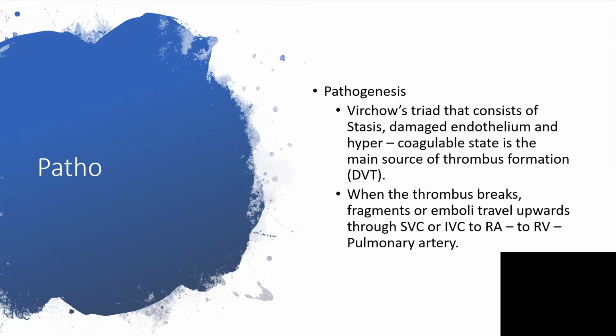They will both empty at the right atrium, and from the right atrium to the right ventricle, and from the right ventricle to the pulmonary artery. You can see why those emboli will cause trouble, while the fragments from the DVT, distal and proximal, coming from either superior or inferior vena cava to the right atrium and right ventricle will cause trouble in the lungs because they will empty into the pulmonary artery.